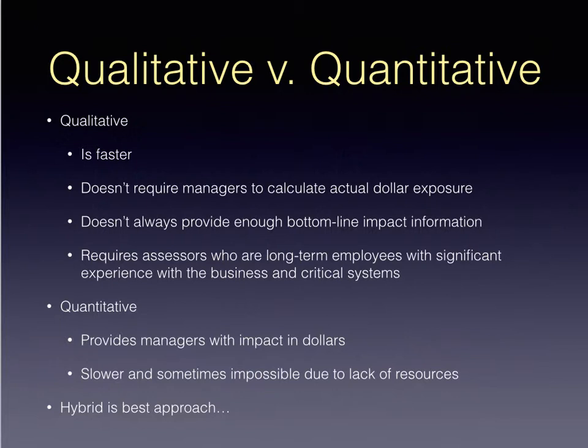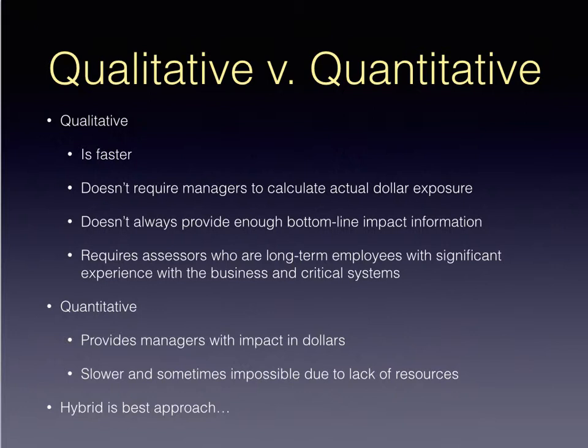So which one's better, qualitative or quantitative? Well, qualitative is faster. It doesn't require managers to calculate dollar exposure. It's used for quick assessments, especially when, let's say, you're doing your daily threat assessment to see if there are any new threats or any new vulnerabilities announced over the last 24 hours.